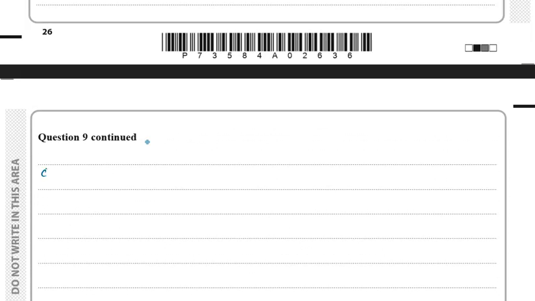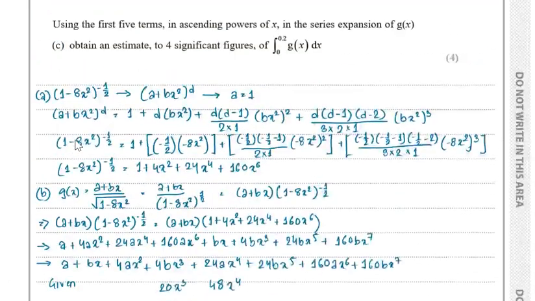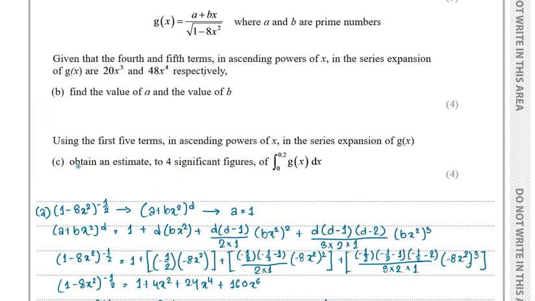For part C here, using the first 5 terms in ascending powers of x, the series expansion of gx, we are asked to integrate gx with limits 0 and 0.2. So for gx, we will just need the first 5 terms.